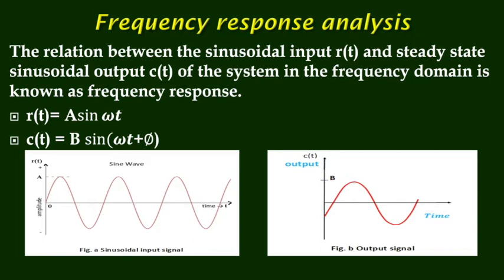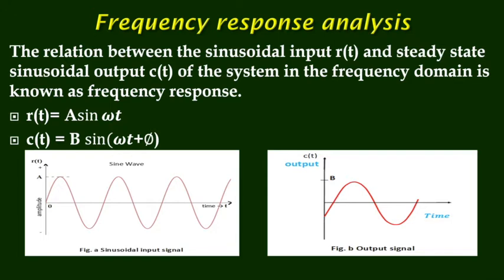Advantages of frequency response analysis. Transfer functions of the system can be determined using frequency response analysis. Design of the system and adjusting the parameters of the system can be carried out more easily than in time domain analysis.